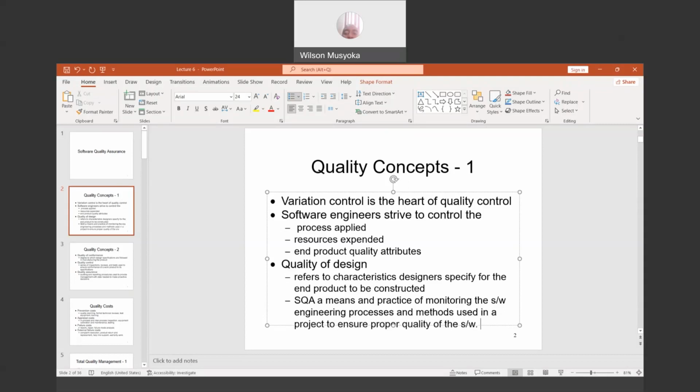So basically that is what we refer to as quality assurance, and it normally comes from software quality.